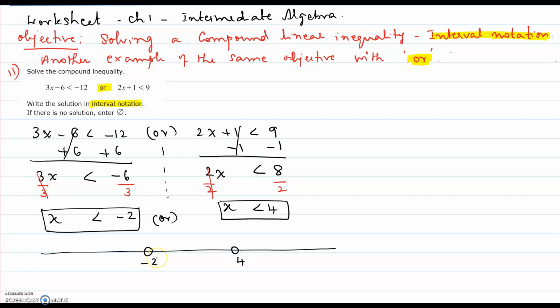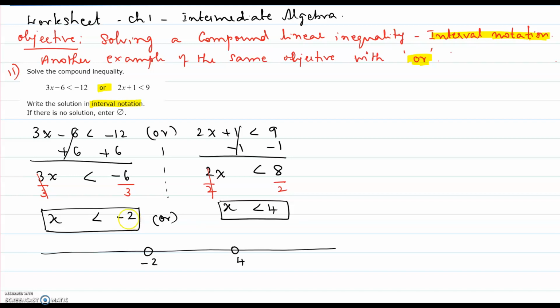See that I've placed a hole in both values, negative 2 and 4, because I don't see an equal to sign for the first inequality. Same way I don't see any equal to sign. It is strictly less than negative 2, strictly less than 4. So it has to be a hole for both numbers.